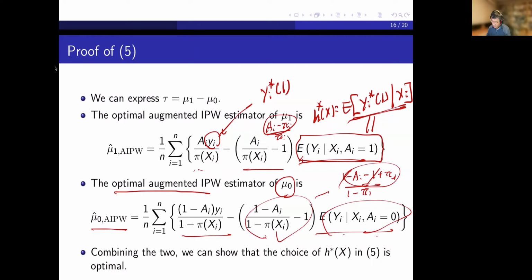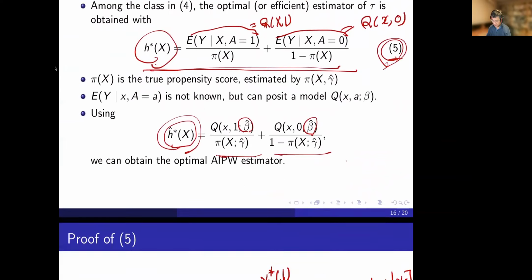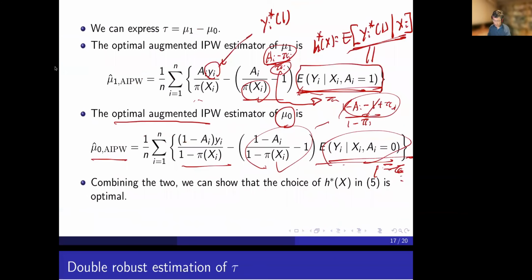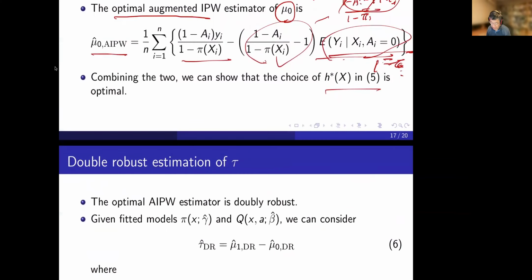So the only thing is the denominator pi_i, and you multiply by this guy minus pi_i and this guy minus 1 minus pi_i. Basically, that leads to this solution. Okay, that is basically the idea.